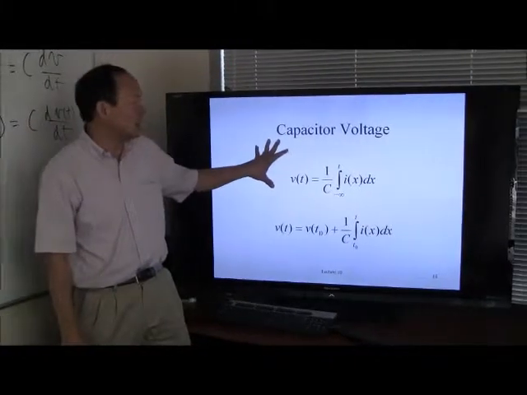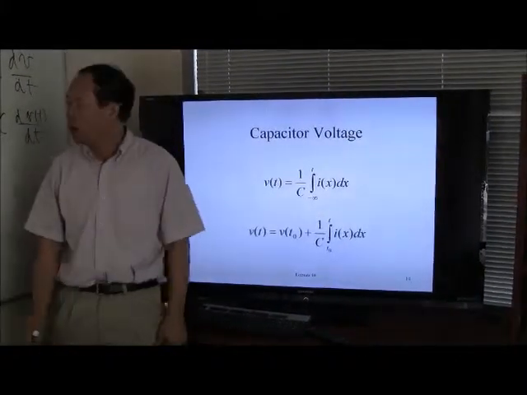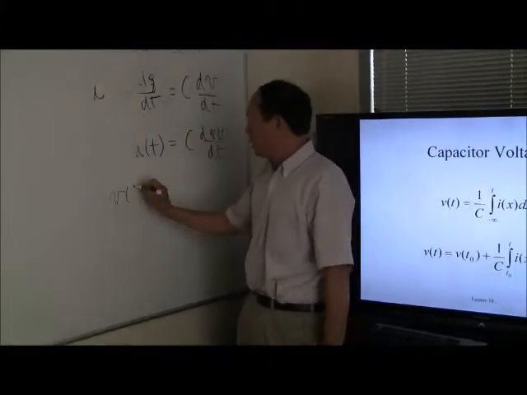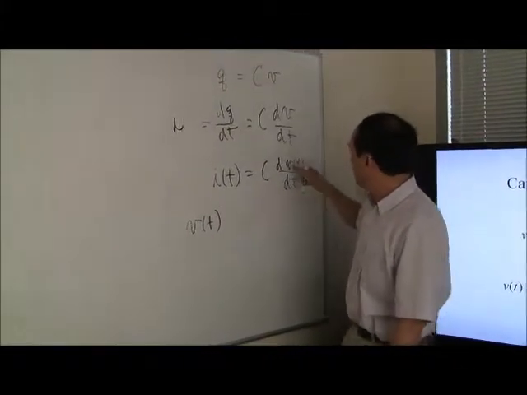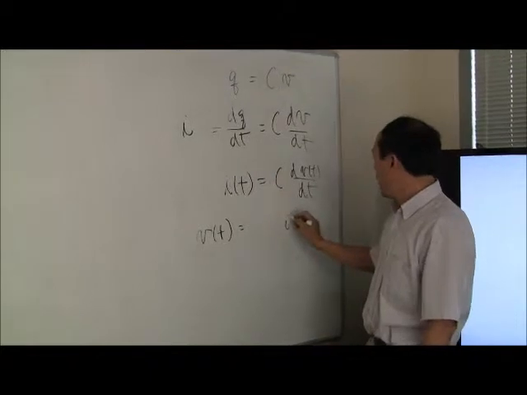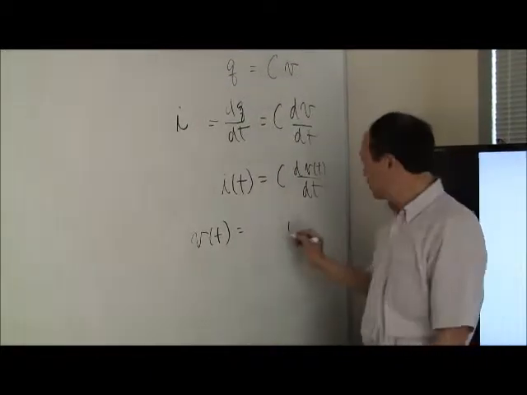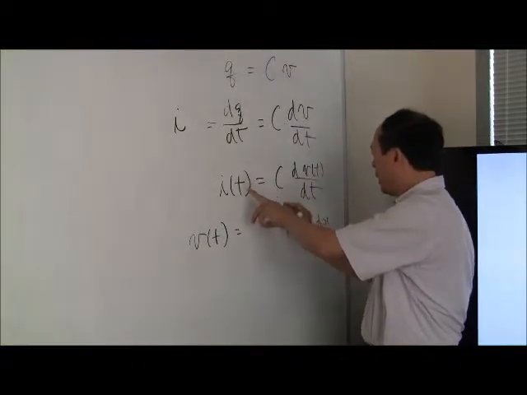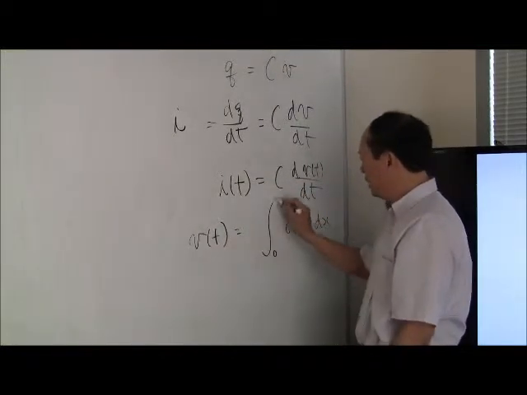And if you look at the capacitor voltage, V of t will be given by 1 over C times the integral of I of x dx from 0 to t.